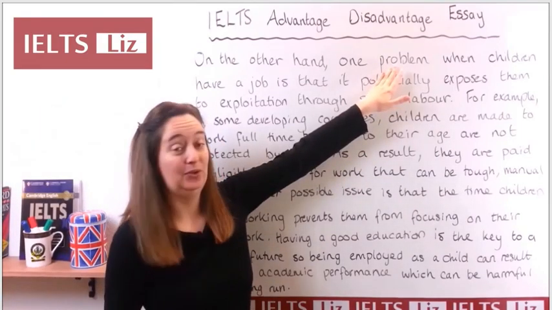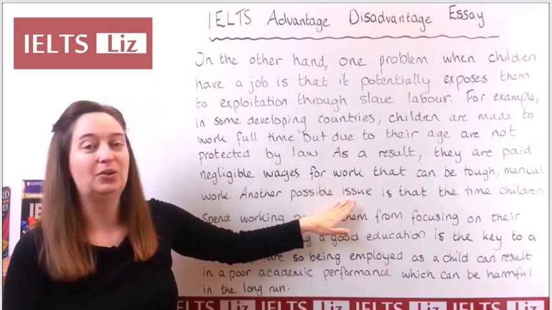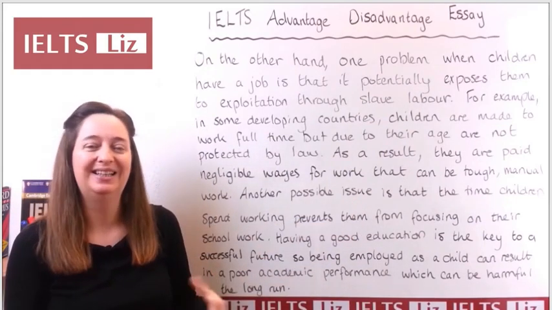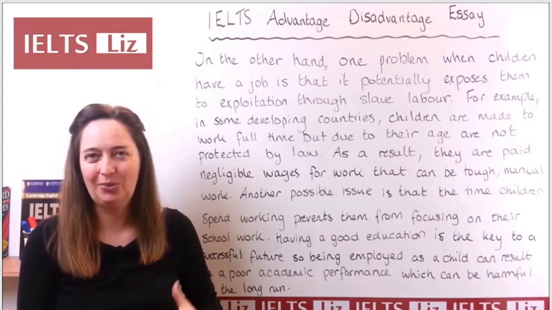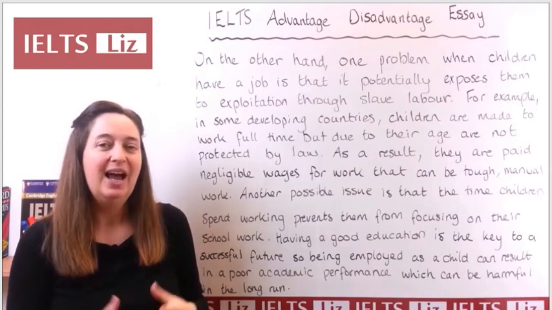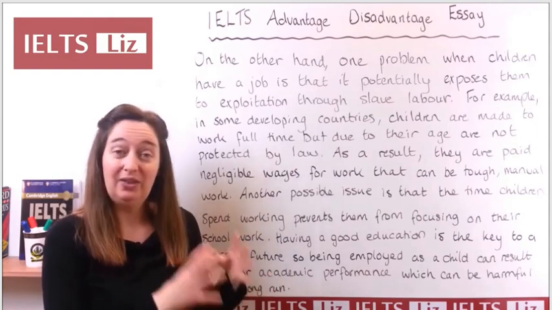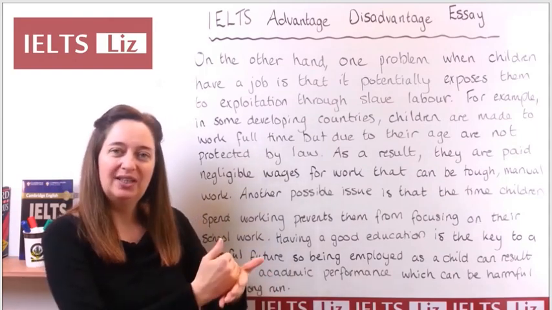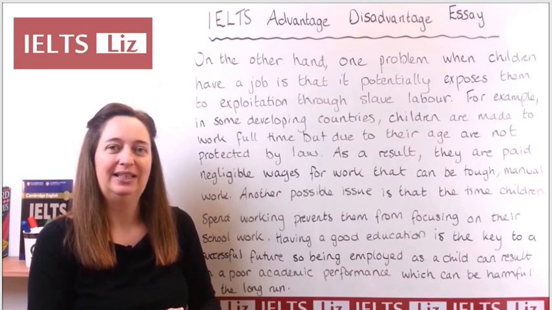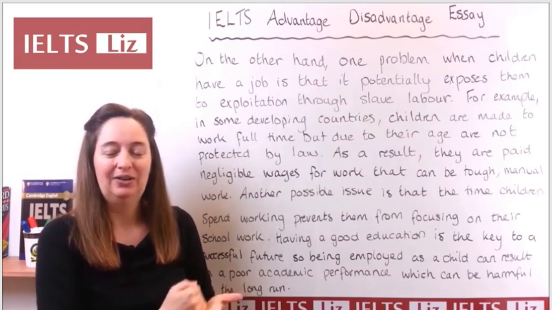Another thing you're going to notice is that we've got the two problems here. In the first one we use the word problem, and in the second one we use the word issue. So we're not repeating vocabulary too much, and we're showing some flexibility. Another thing you're going to notice is that in the first body paragraph, for the advantages, we used firstly, secondly, and thirdly to introduce our advantages.